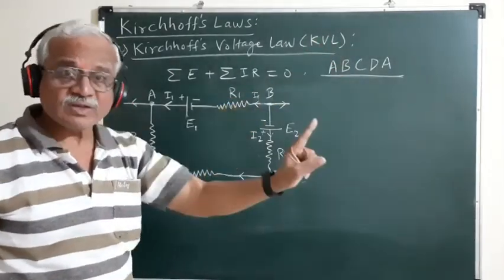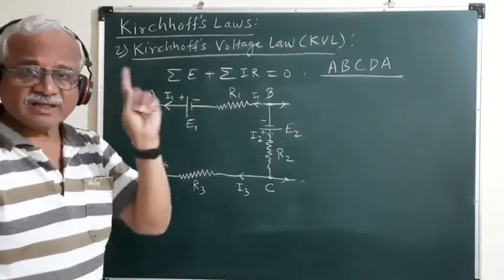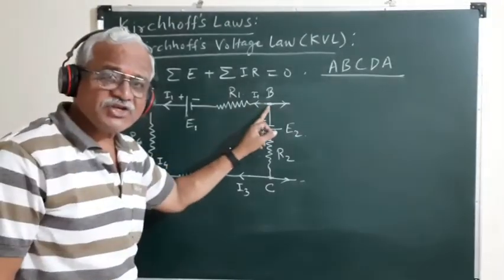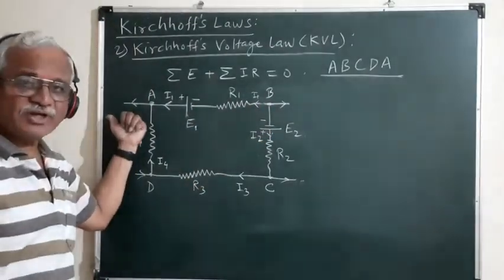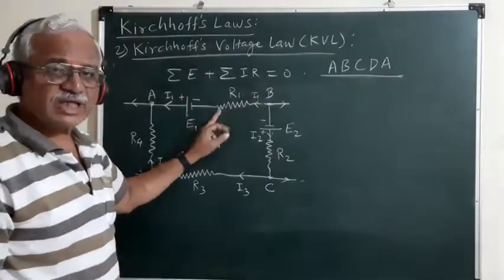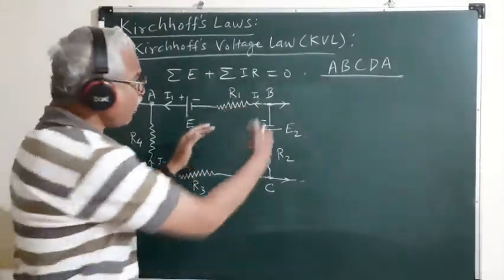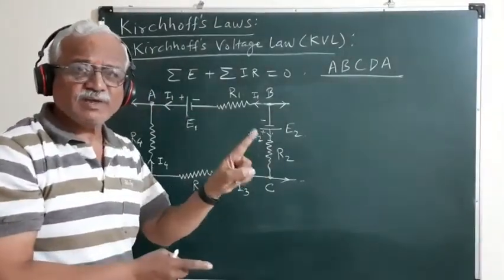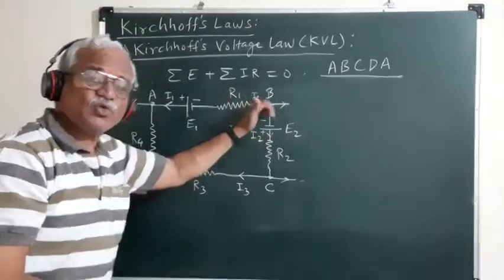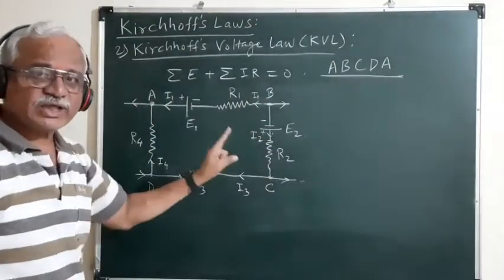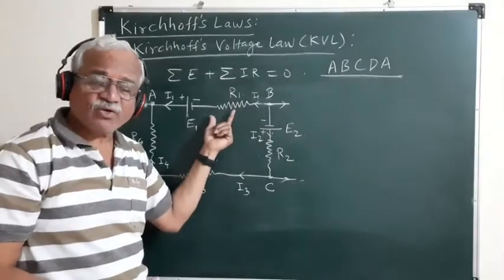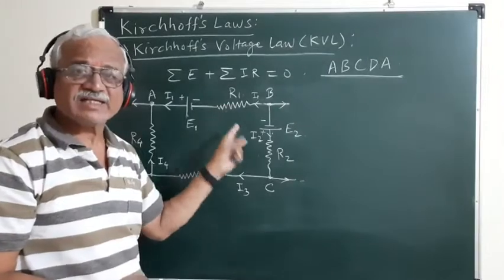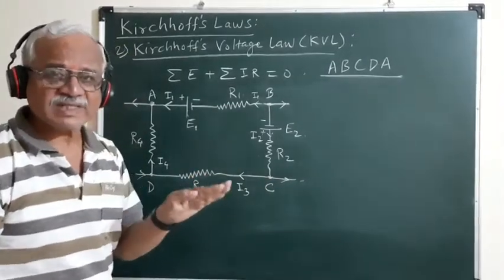Why? Because, as we know well, current always flows from a point at higher potential to a point at lower potential. Since through this resistance R1 the current I1 is flowing from B towards A, the potential drop across the resistance R1, that is I1 R1, must be treated as positive because we are traversing in the direction of increasing potential.